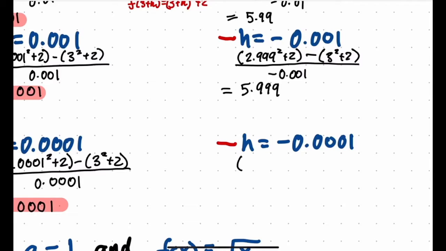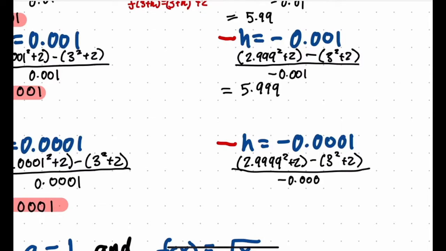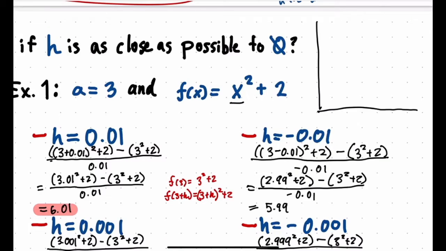So that is 3 minus 0.0001, or 2.9999 squared plus 2, minus 3 squared plus 2, over negative 0.0001, which equals, you can check on your calculator, 5.9999.